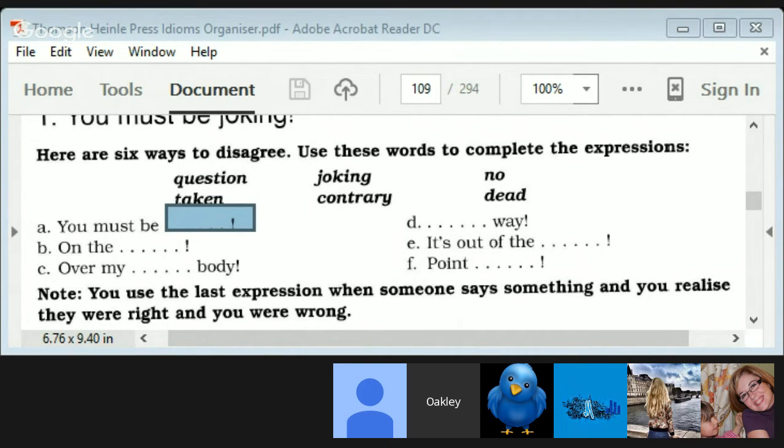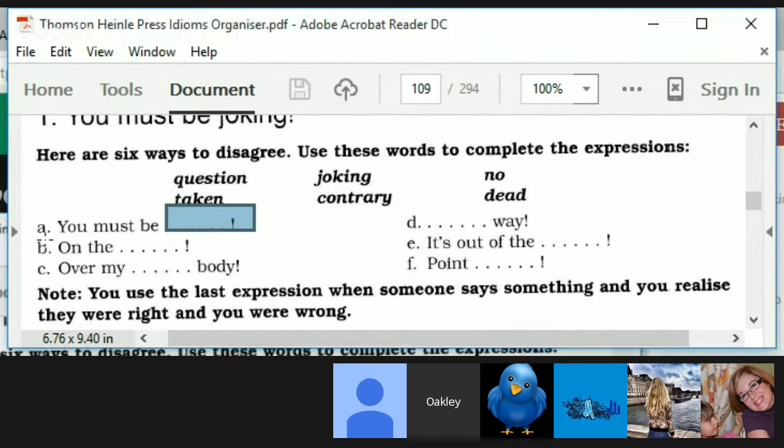So there is a wide variety of expressions that we can use that mean the same thing here. Basically, two things: showing disagreement, but also showing disbelief. Maybe even stronger showing disbelief than disagreement, really.